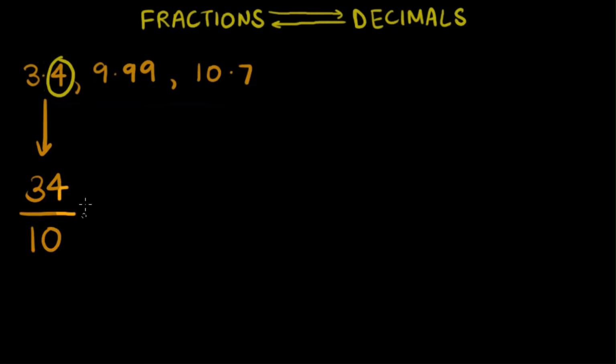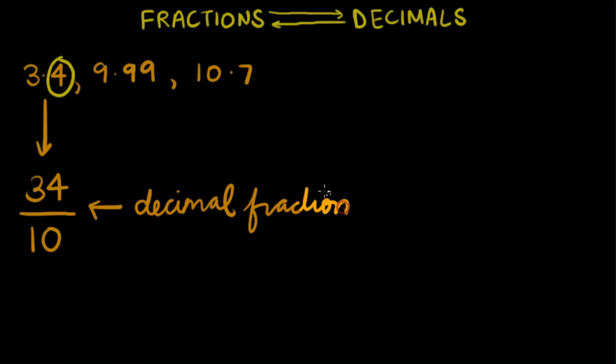This is a decimal fraction. It is called a decimal fraction because it has the denominator as 10, which abides by the rules of decimals. This can't be called a decimal because decimals have a different format. Now we can also simplify this.